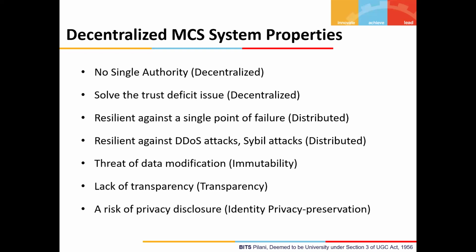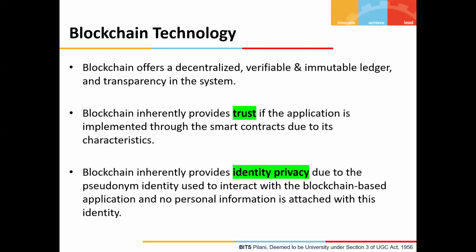Now, next is threat of data modification. So we can prevent this through the immutability property of the blockchain. We can ensure transparency, right, which will enhance the trust among the parties, and a risk of privacy disclosure that we can remove through identity privacy preservation that blockchain inherently provides because of the pseudonym identity.